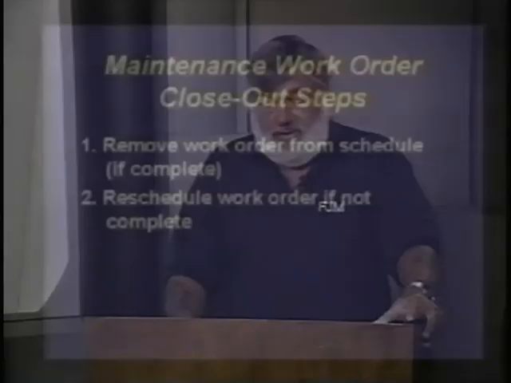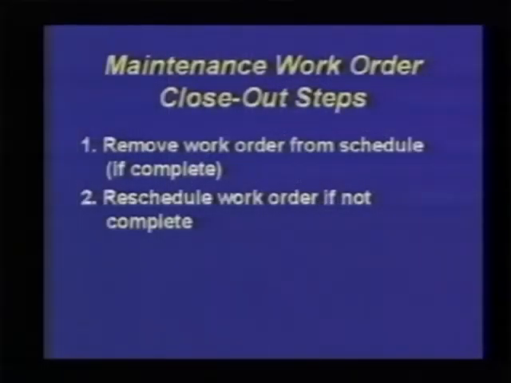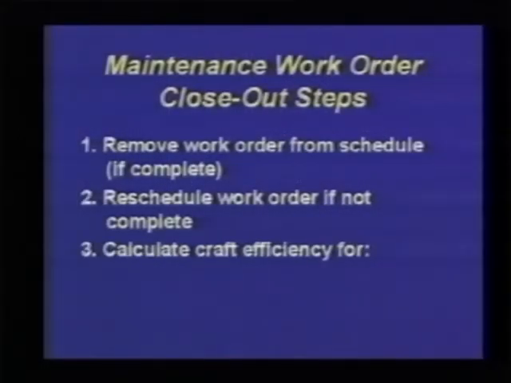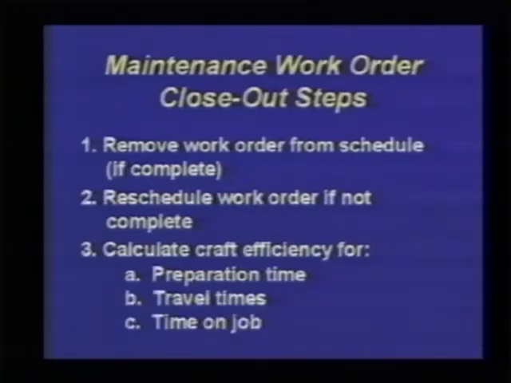If the work was not completed, you may have to reschedule the order. Then step 3 is to calculate the craft efficiency for preparation time. That is, if someone had to wait at the storeroom for some item; B, the travel time; and then C, the time on the job.